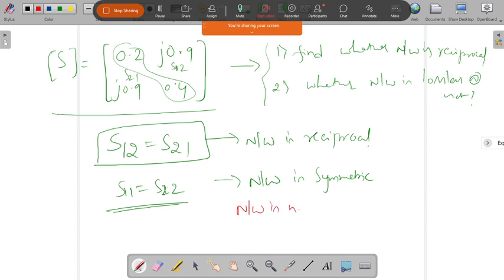Now the second one, find out the lossless condition. For the lossless condition, you have to check the unitary property as well as the zero property. If both these conditions are met, then it is a lossless network.